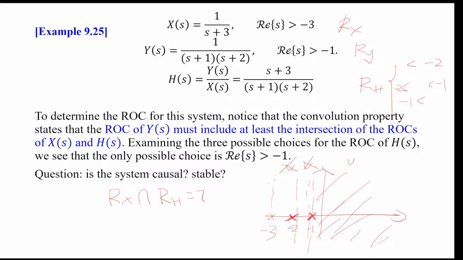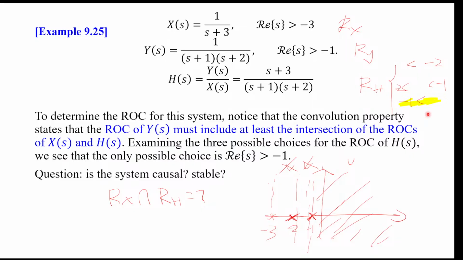And we will see that only greater than -1 is correct. So the only possible choice is Rh being Re(s) greater than -1. Are we okay with this analysis?